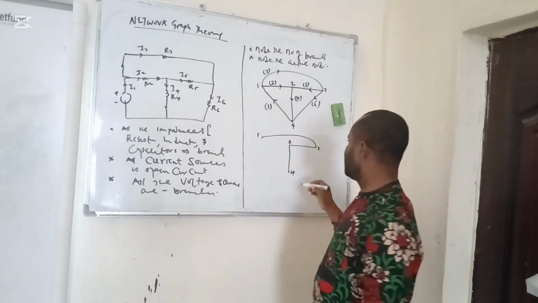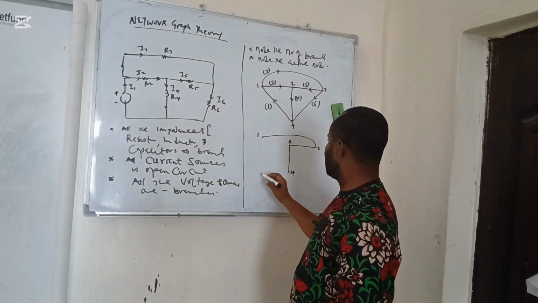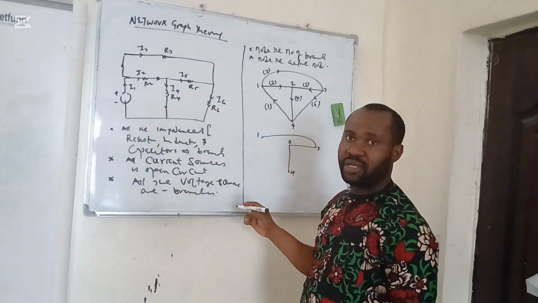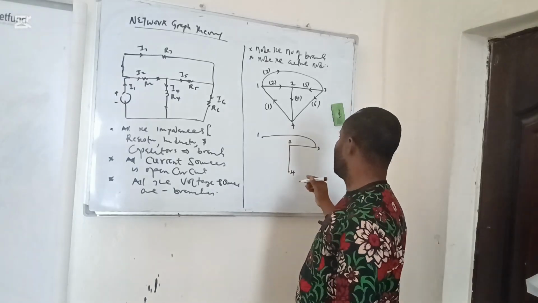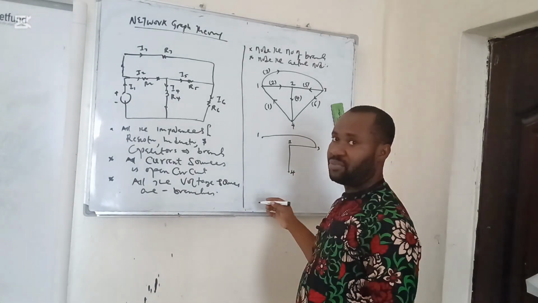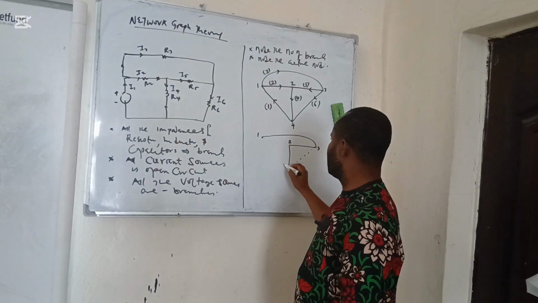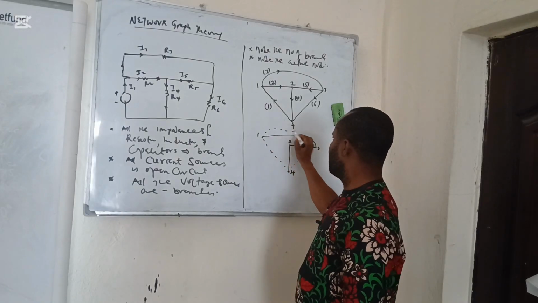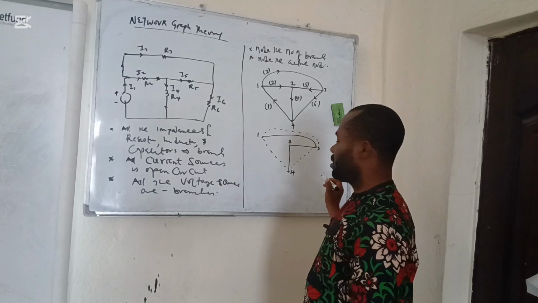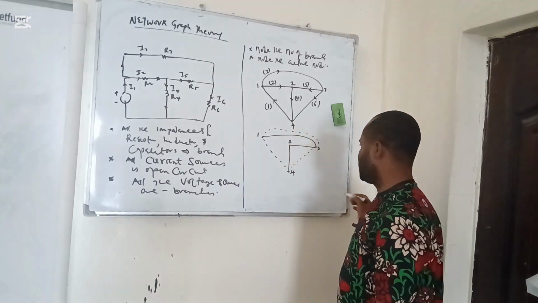So this is considered to be your tree where we have some missing branches. The missing branches, you can also write them, that can form your links of this graph.